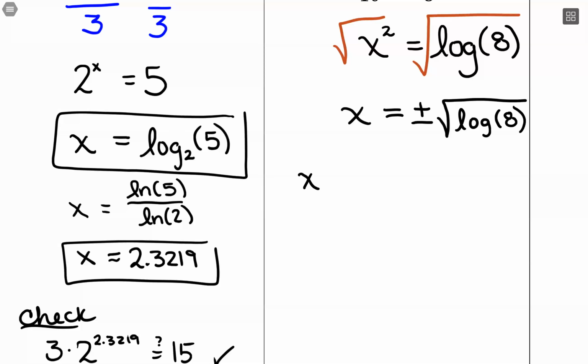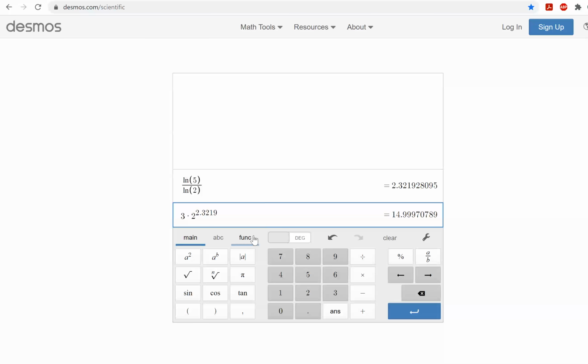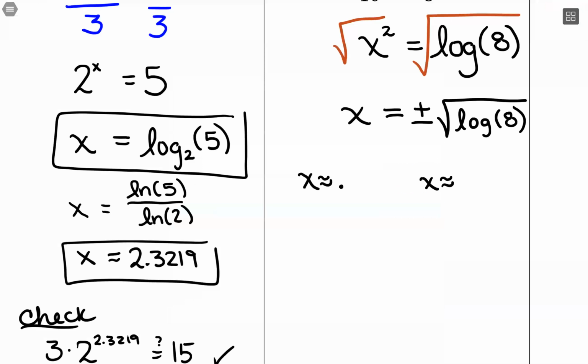So getting a decimal solution, getting an estimate, we're going to have 2 possibilities, the positive and negative version of this number. So what I need to do is take the square root of log of 8, and that's 0.9503. So we'll have the positive version of that number and negative version of that number.